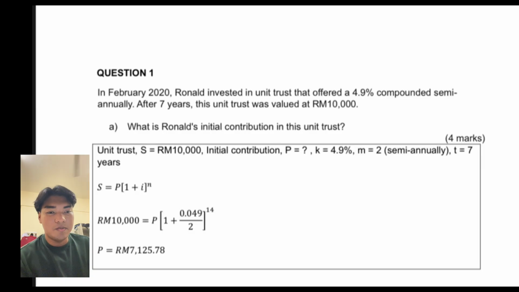So the answer is P equal to 7,125.78 ringgit. So that's the end of question 1.